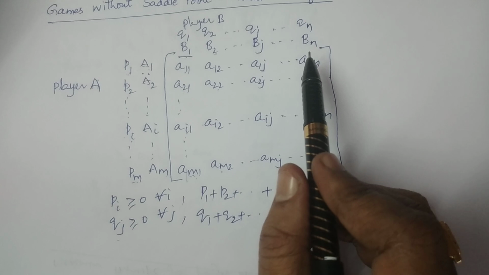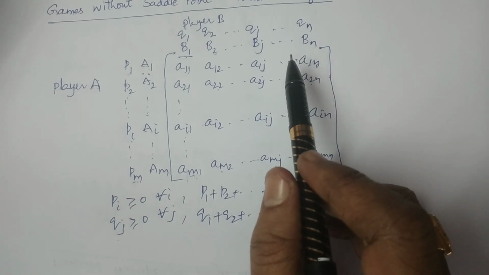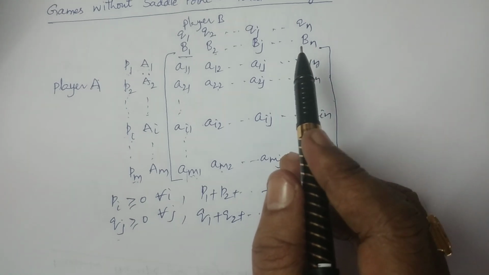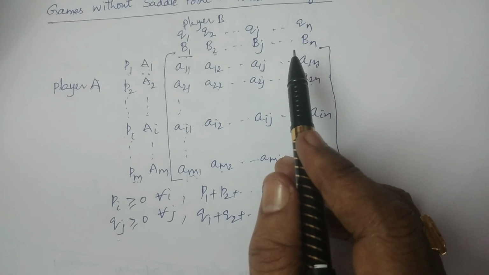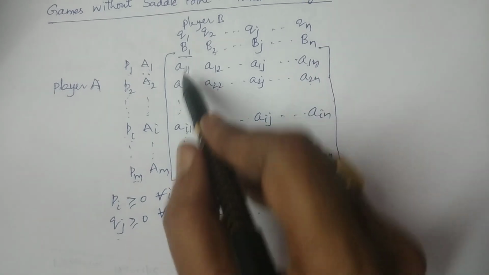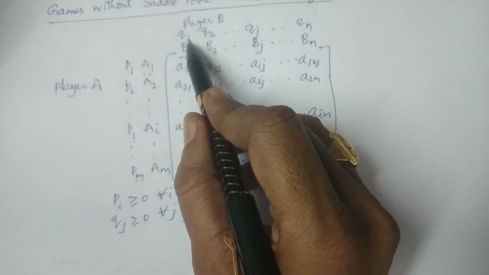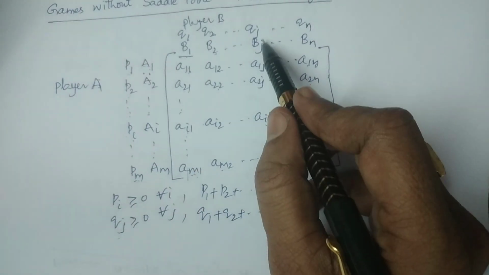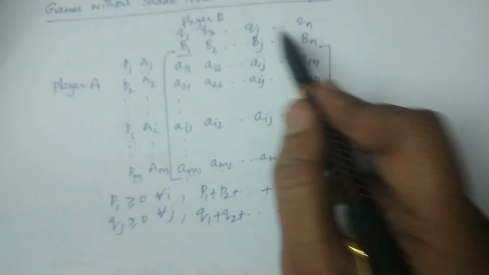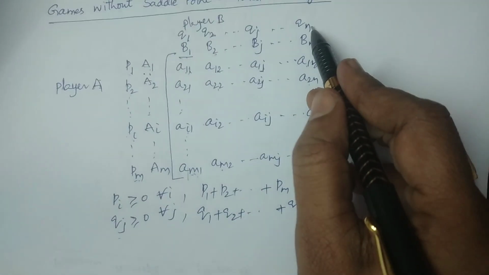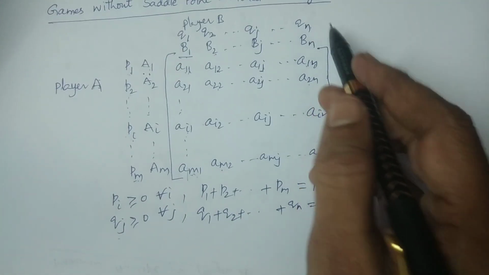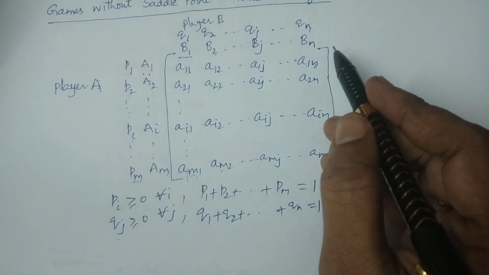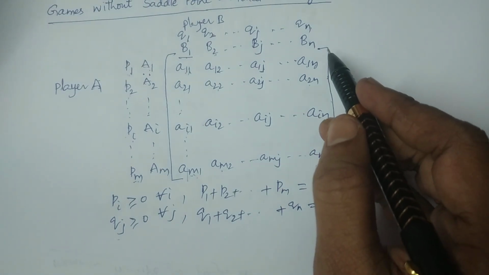That is, expected value is calculated by taking the summation of x multiplied by p of x. So same formula: A11 into Q1, A12 into Q2, and so on, A1j into Qj, and so on, A1n into Qn. If you add all these, you will get the expected value.